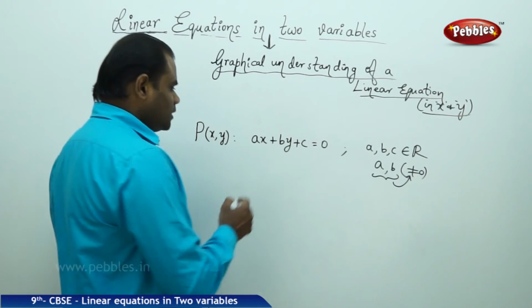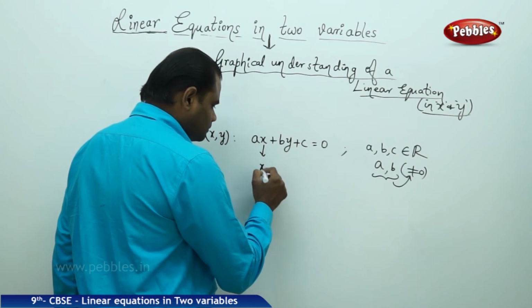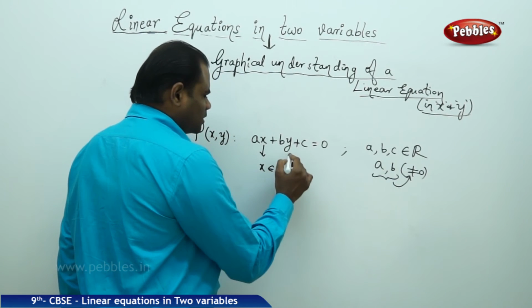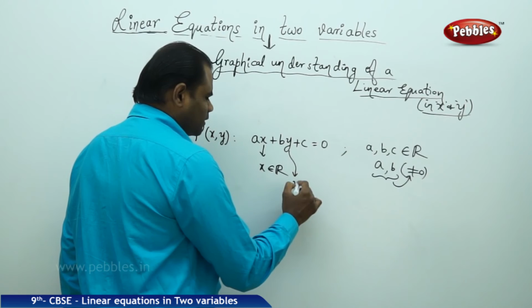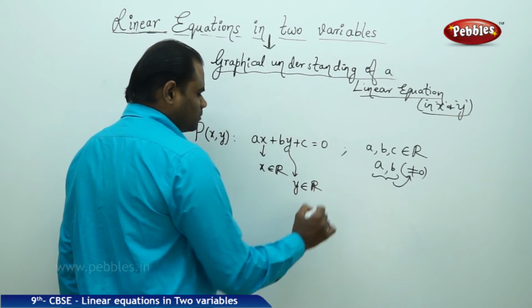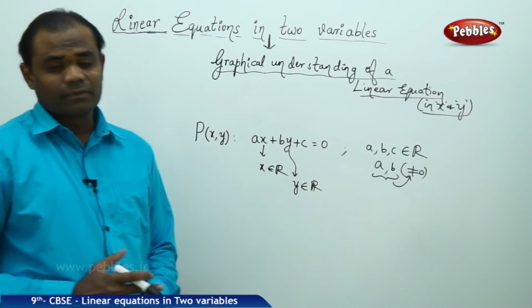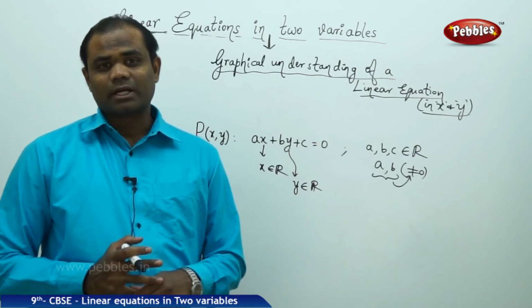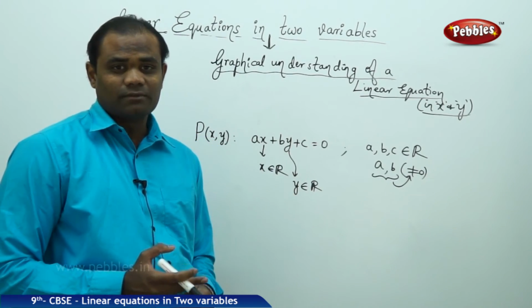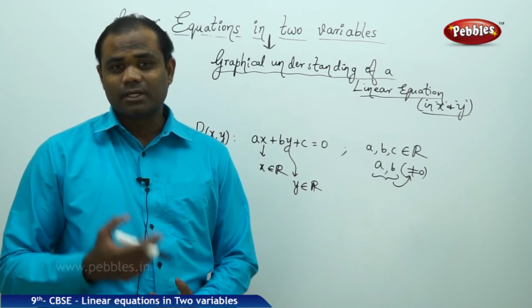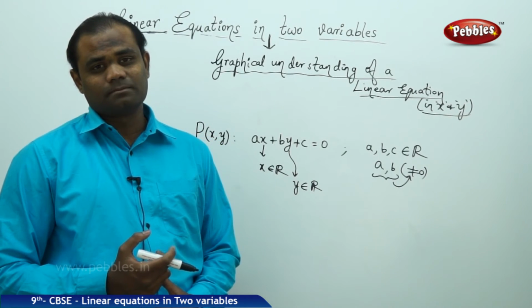So when we have each x belonging to the real numbers and each y equally belonging to the real numbers, I see that there are infinitely many solutions, and let's see how the shape of this linear equation looks in the xy coordinate system.